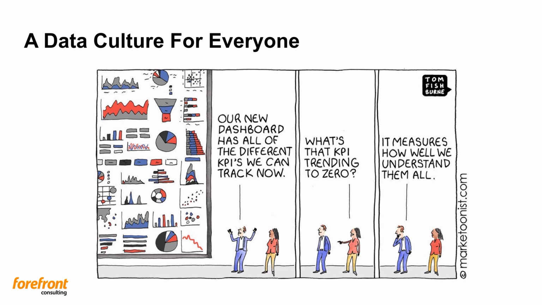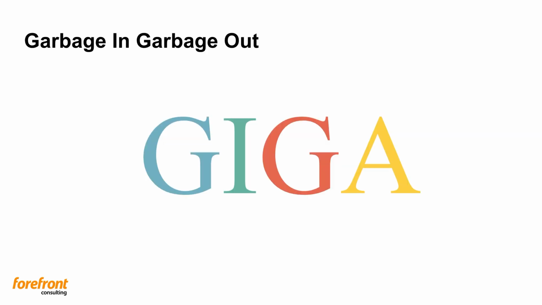In order to address this, we have the common abbreviation GIGO, which is garbage in, garbage out. It's a common principle when you work with data and analytics: if you don't have clean data to work with, the results won't be that good either.